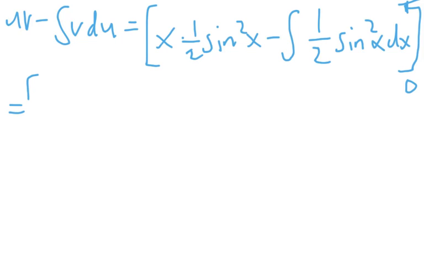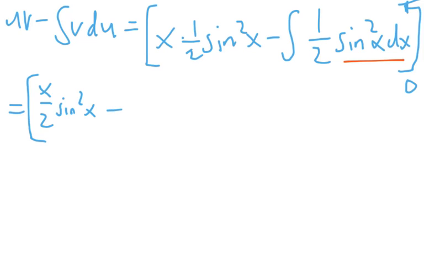So we already have this first part, so we have x over 2 sine squared x. Now the way we work with this term is we use our trig identity, which is that sine squared x is equal to 1 minus cosine 2x, over 2.